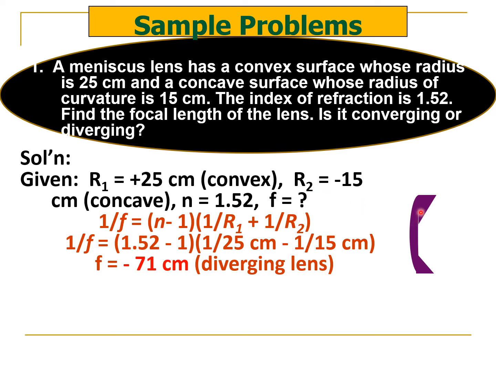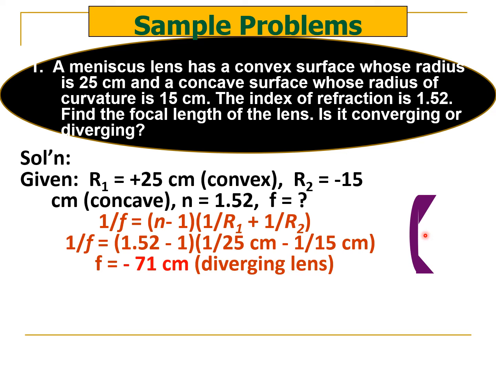If you draw the sketch for that kind of radius, it will come out like this. We will have a lens whose geometric center is thinner than its edges, and that is one physical characteristic of a diverging lens.